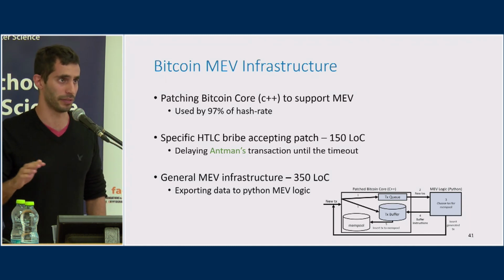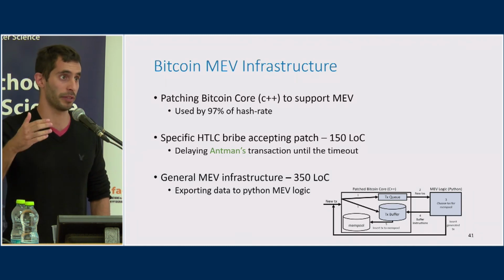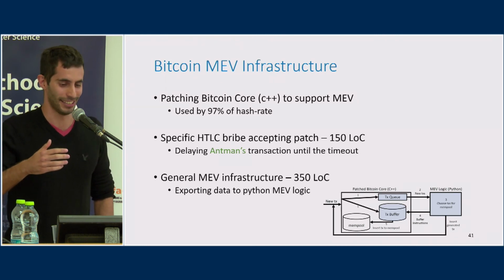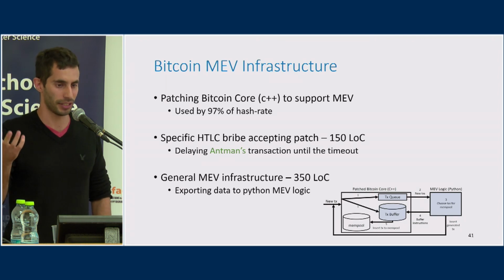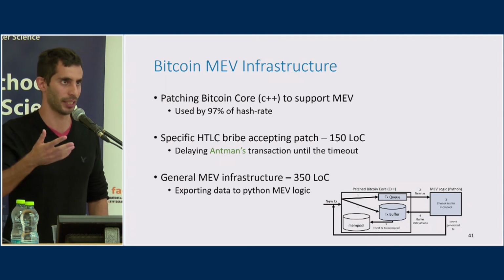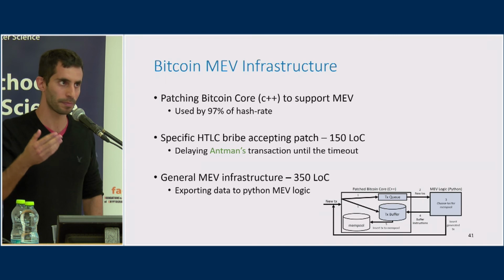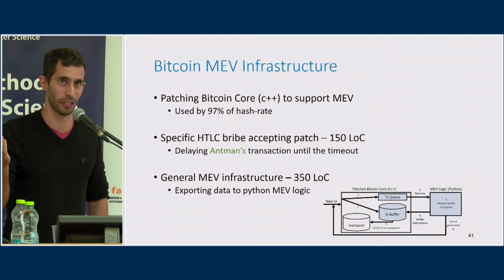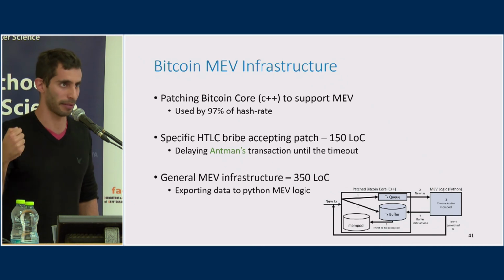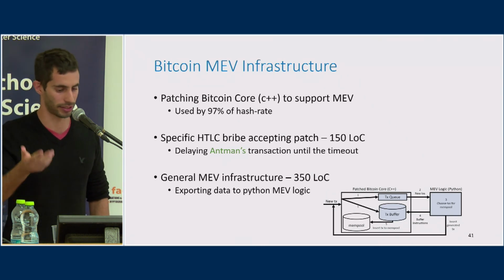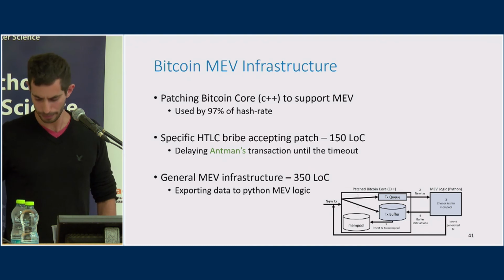This required 150 lines of code. We also have a more general patch that creates an MEV infrastructure. Essentially, it exports all transaction data to an outer Python module where one can implement any logic of choice, and then it takes the data back inside and creates the block that you wanted.